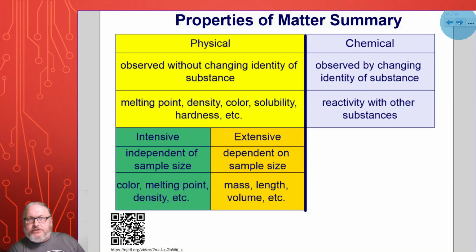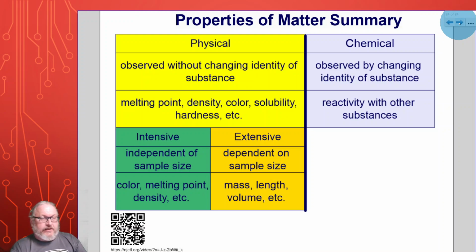So this is a good summary of the properties of matter. A physical property you can observe without changing what the stuff is. Now think melting point, density, color, solubility, hardness. This lets us determine what the stuff is. Then it's going to break away into intensive properties and extensive properties. Intensive, it doesn't matter how much is there. All right.